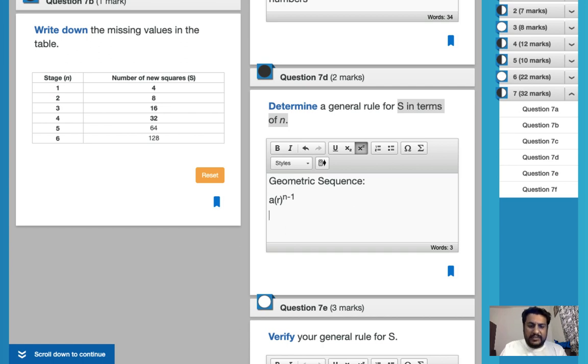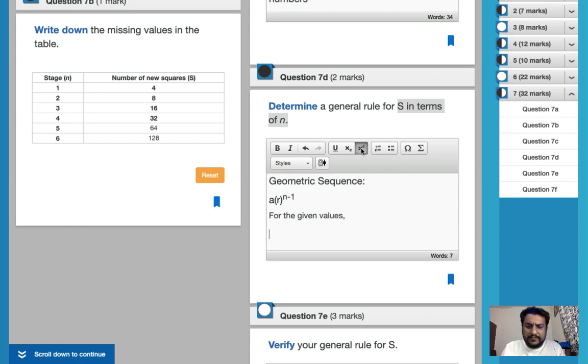This is what we start with. So for the given values, I'll write down A equals 4, r equals 2.